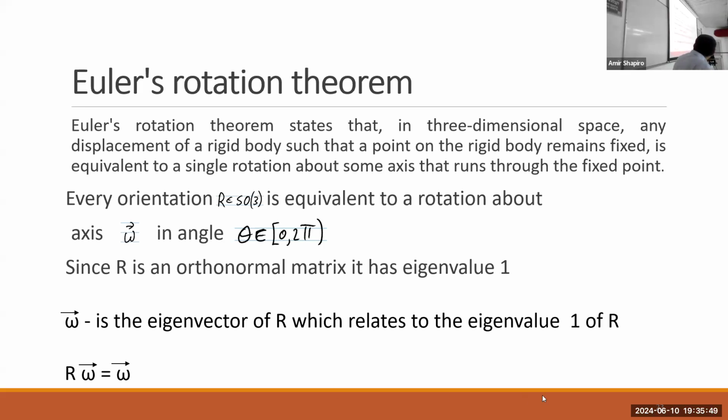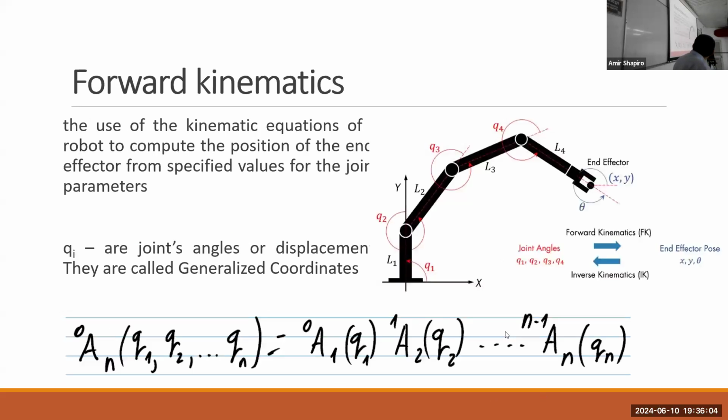And so the rotation axis, omega, is actually the eigenvector which relates to the eigenvalue 1 of R. Is this only true for the Euler theorem?